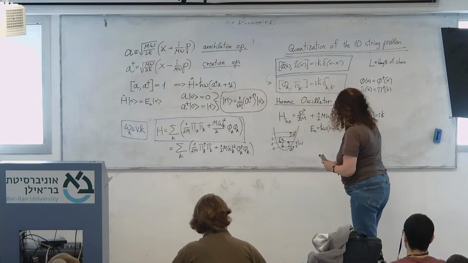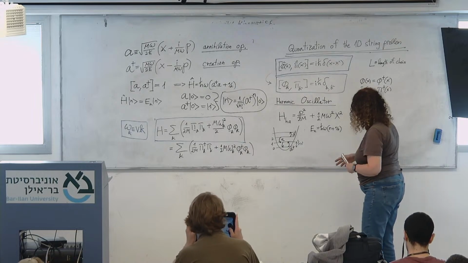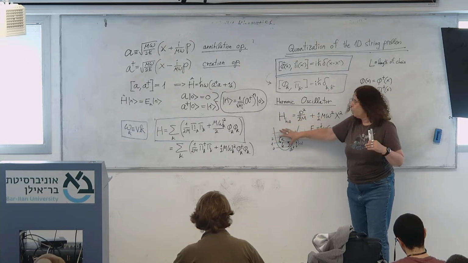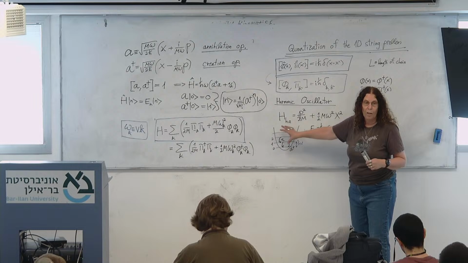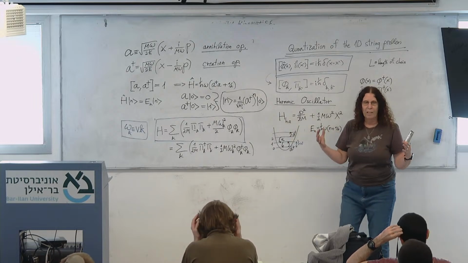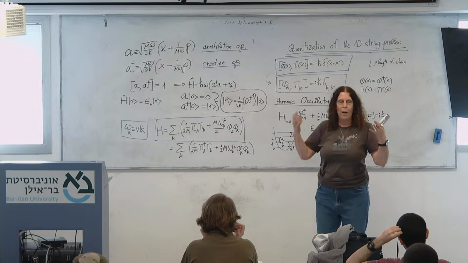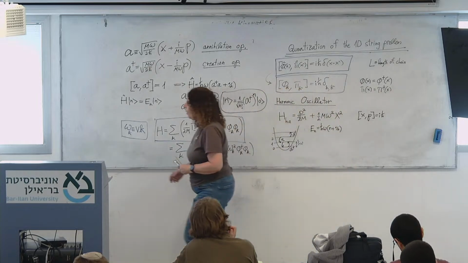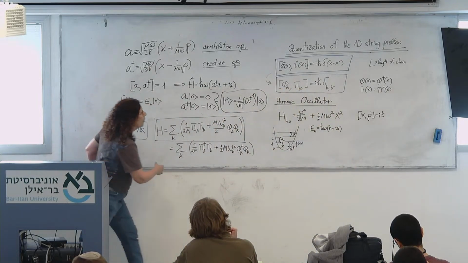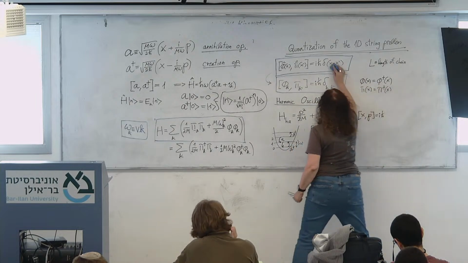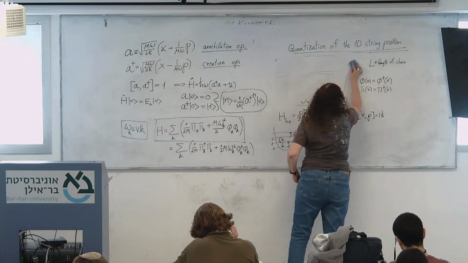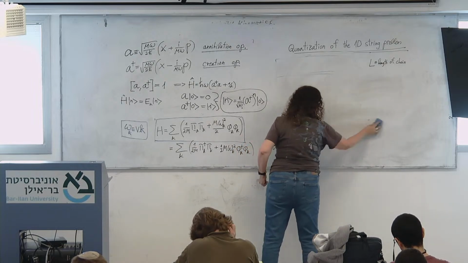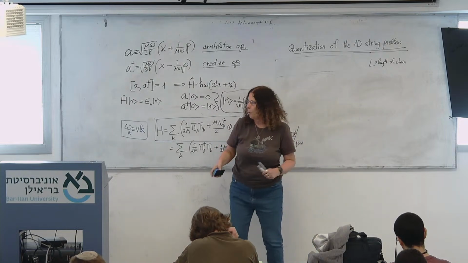So if I want to do a mapping between the single particle quantum problem of a harmonic oscillator and an equivalent description in terms of these new particles, let me draw it a little more clearly. We have two ways of looking at the same problem.